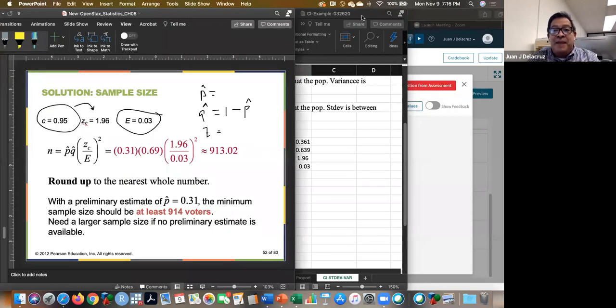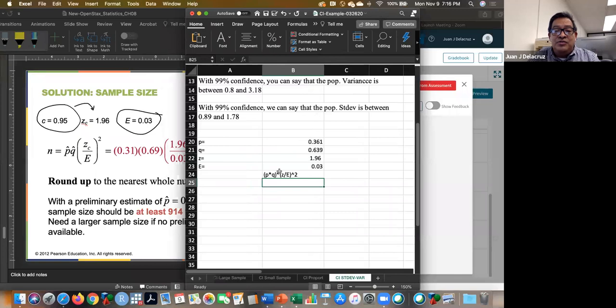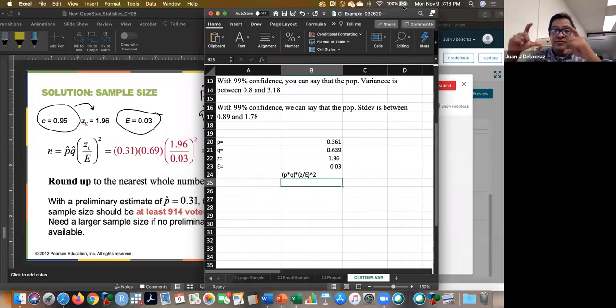We are using parentheses because it's much better for me. I never get lost with the parentheses. It's kind of solving piece by piece. So I will type the formula in that way, and then of course I would say equal.